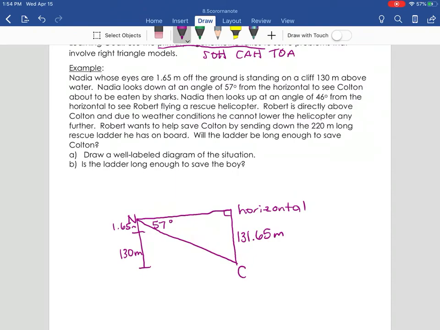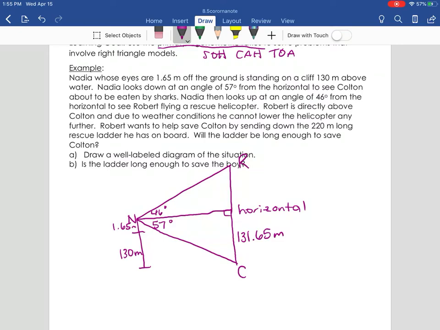Okay. And now someone's going to come rescue him. So Nadia then looks up, and her angle of elevation is 46 degrees. Now you can see we've got two right angle triangles.